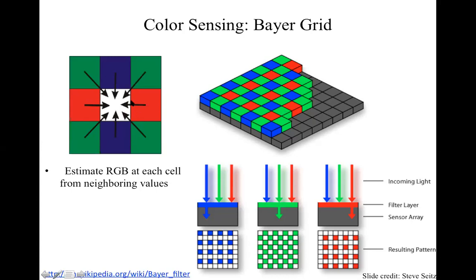And here you see the reason why you have so many more green filters than red and blue: humans are more sensitive to green than to red or blue.